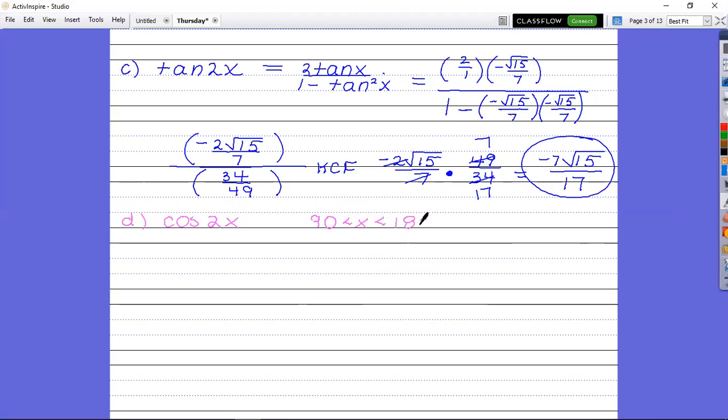So therefore, a double angle means multiply these by 2, and that means I'm going to be in either quadrant 3 or quadrant 4. Okay, so this tells me that I'm either quadrant 3 or 4, and we need to narrow it down to which one.